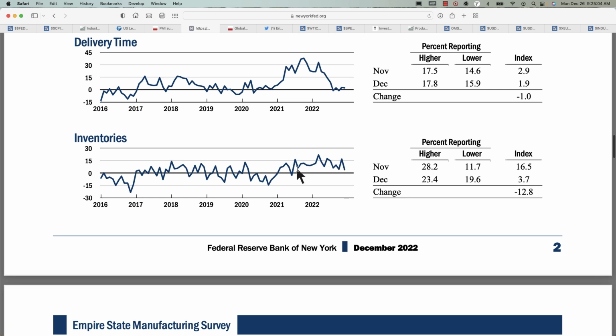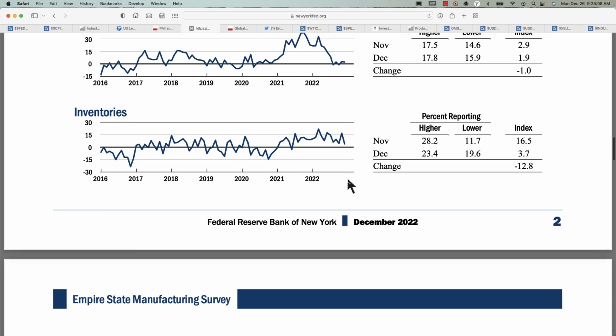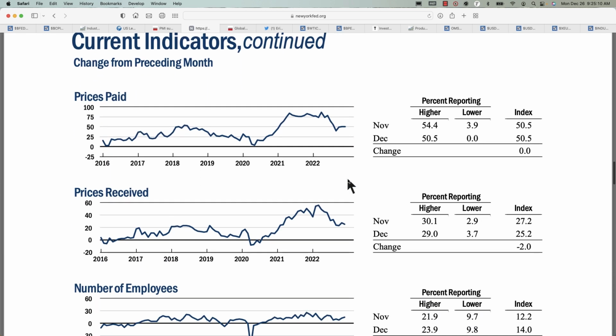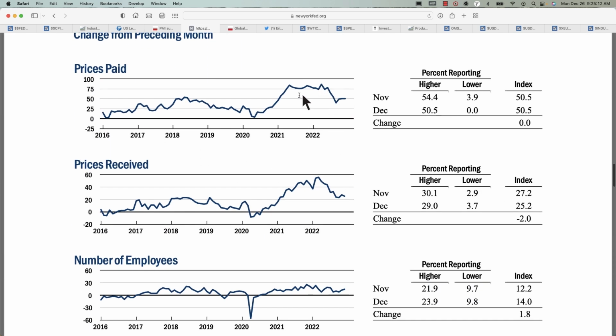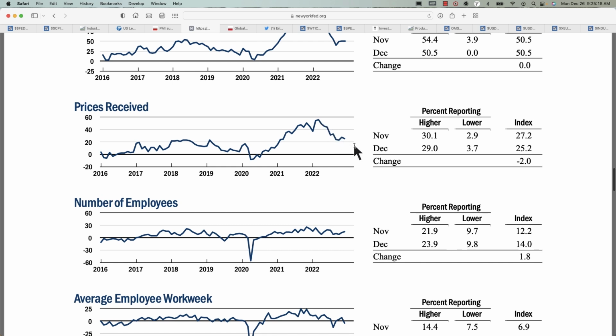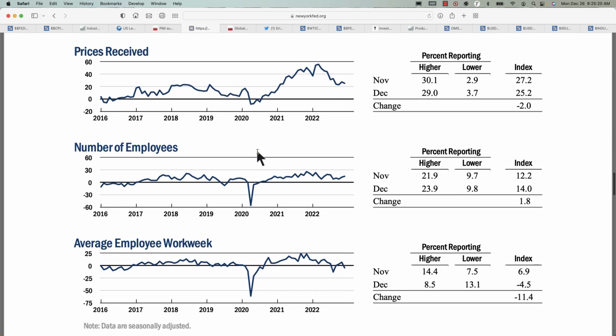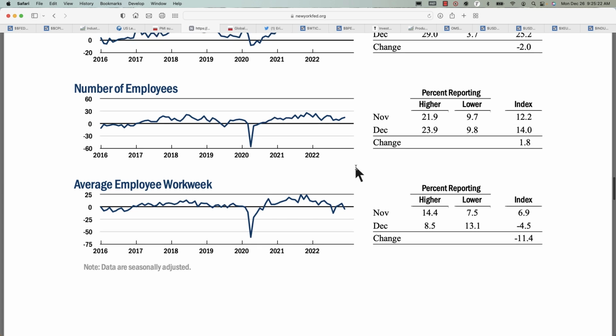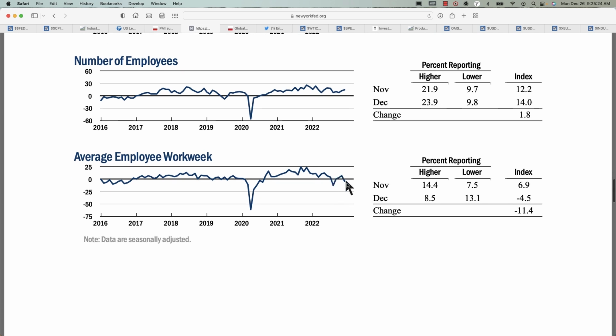Inventory levels, I would just say, are high, but if anything, they've started to drop a little bit. Prices paid are coming off the highs, but still relatively high to history. Prices received, coming off the high, same thing, still a little bit higher. Employees still ticking up, and average employee work week starting to tick down. This is one of the few changes we've seen that would actually help the Fed's case.